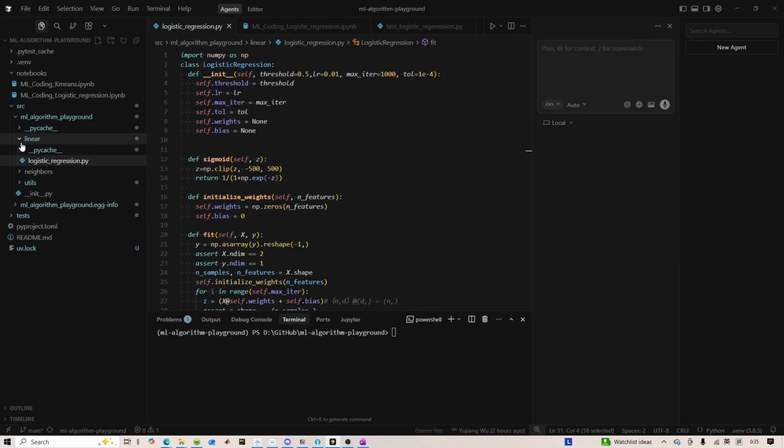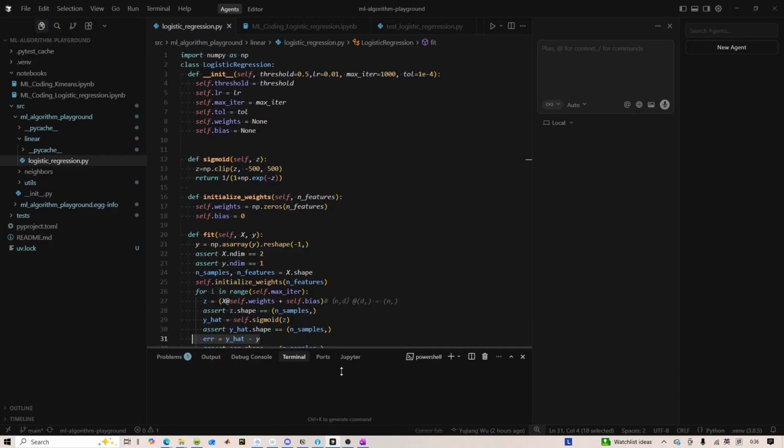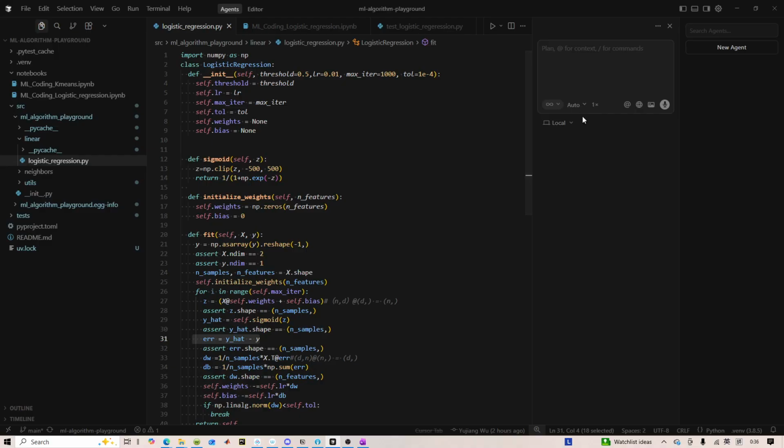Here I have my repo, and inside the linear folder, I wrote the logistic regression, where the user parameters include the threshold, the learning rate, maximum iteration, and tolerance. This is pretty standard initialization.